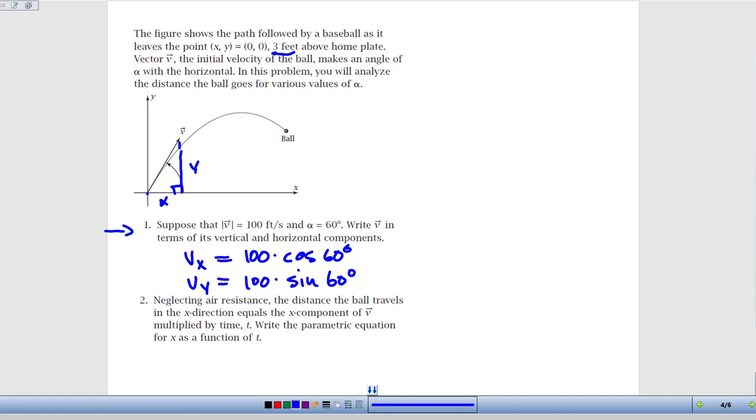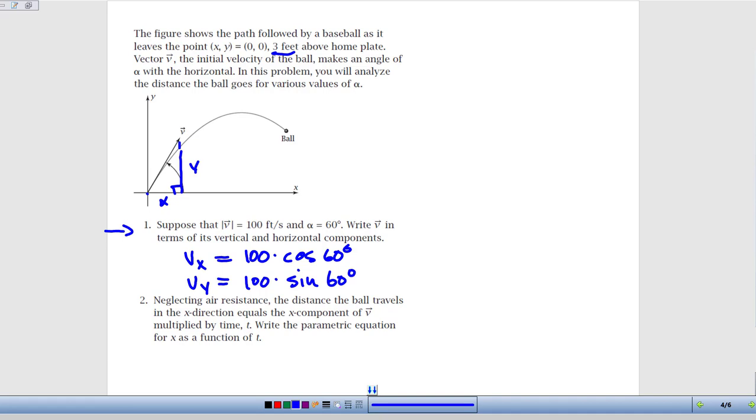Now from this information, along with factoring in gravity for the vertical direction, we want to write a set of parametric equations describing the position of the ball at a particular time after it's left the bat. In the horizontal direction, there's no gravity acting on it.